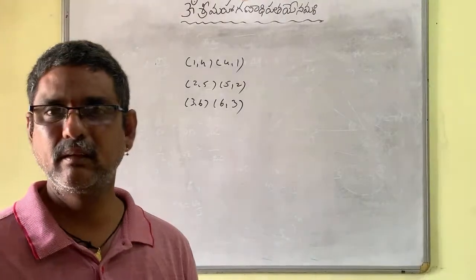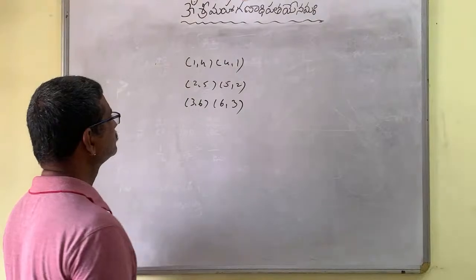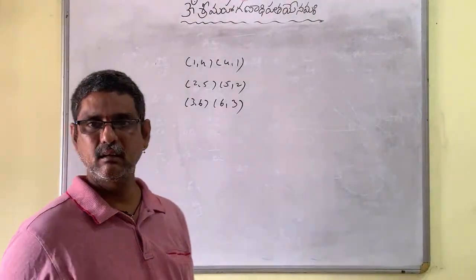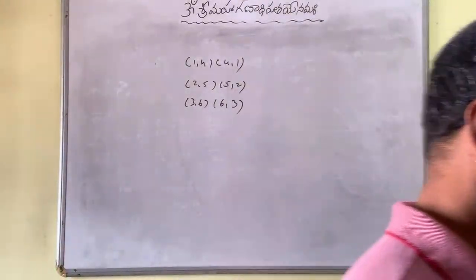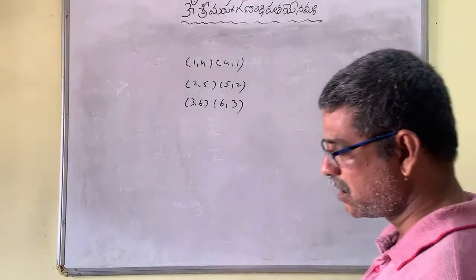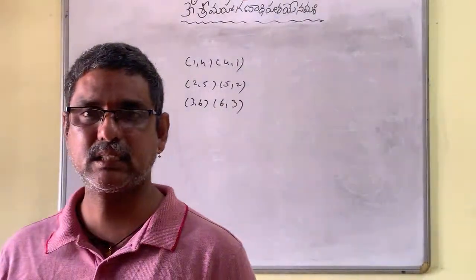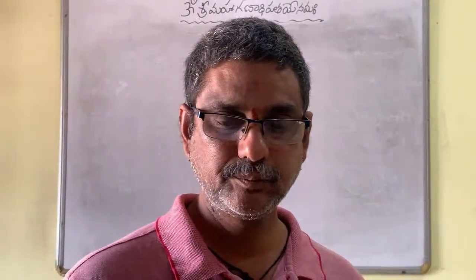What else? Only 6. So 6 by 36, which is 1 by 6.